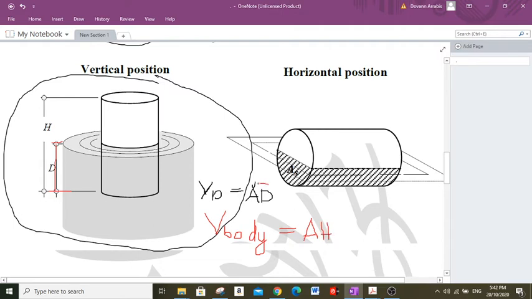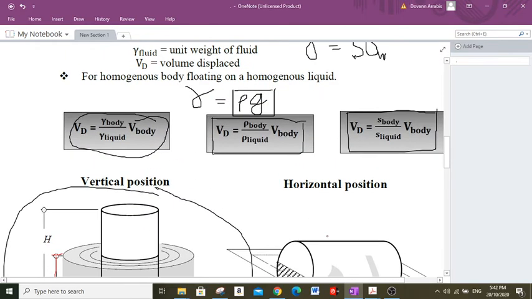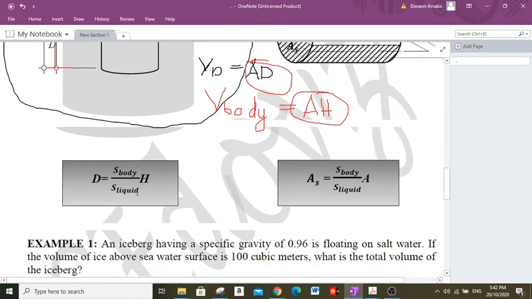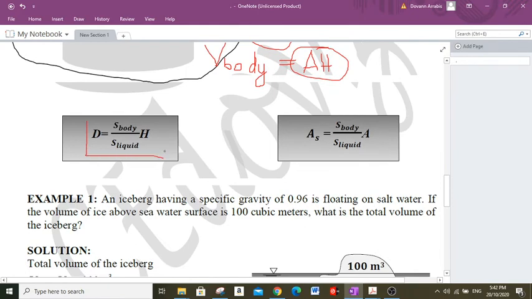If we substitute this into this equation, we will come up with this equation.